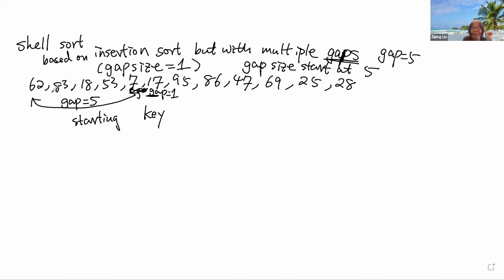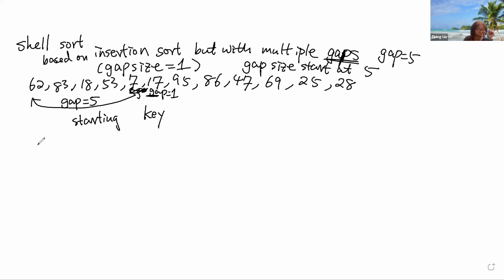So in this case, is this 17 in its right location? It's not. So we do the shifting: shift 62 to the 17 location, and move 17 to 62's place.